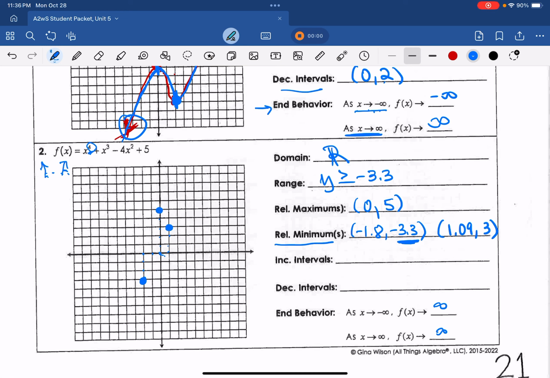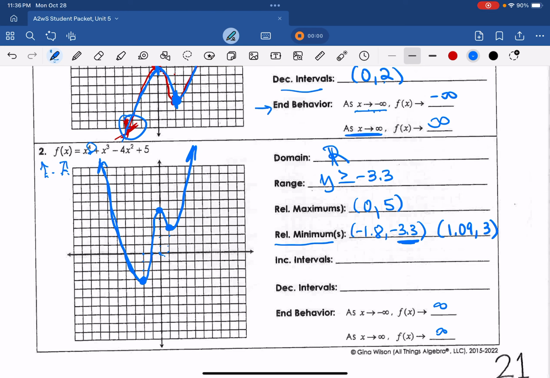So we're coming down from negative infinity, hitting that turning point, going up, hitting that turning point, going down, going back up. So our graph is going to look something like this. Okay, it's a sketch, so it doesn't have to be perfect.